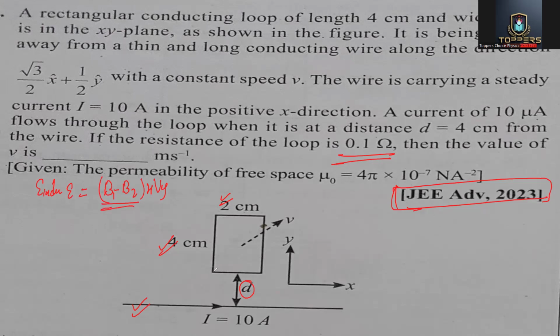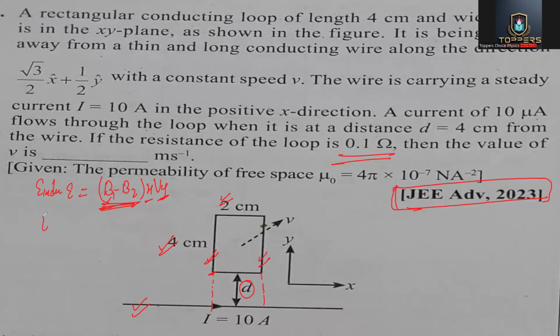Because we are getting magnetic field due to two portions at this position. From this part we are getting one magnetic field, and from this part we are getting one magnetic field. So we will get here the difference of B1 and B2. Correct? So E is equal to the same thing, BVL. This is equal to L, this is equal to velocity, and this is the difference of the magnetic field.